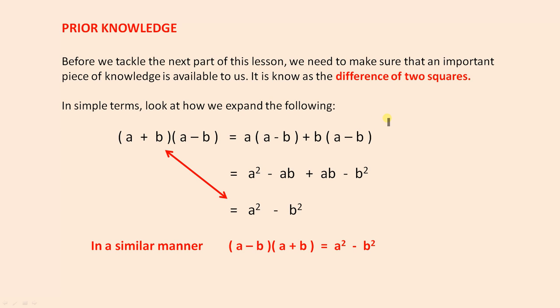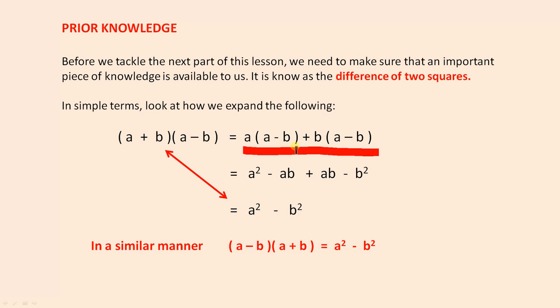In simple terms, look at how we expand the following. If you have two terms a plus b, and you multiply those terms by a minus b, that is, you have a sum and a difference, and you multiply those together. So here's how we expand that.